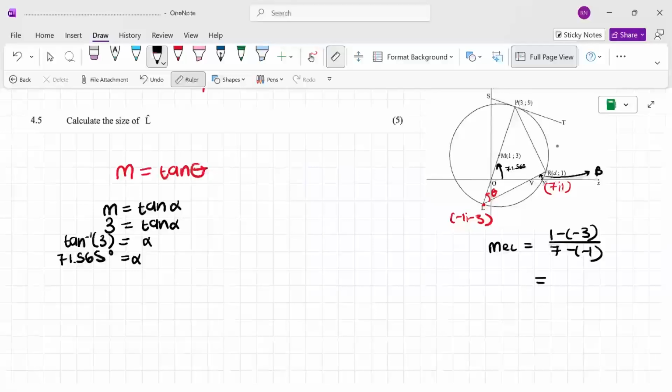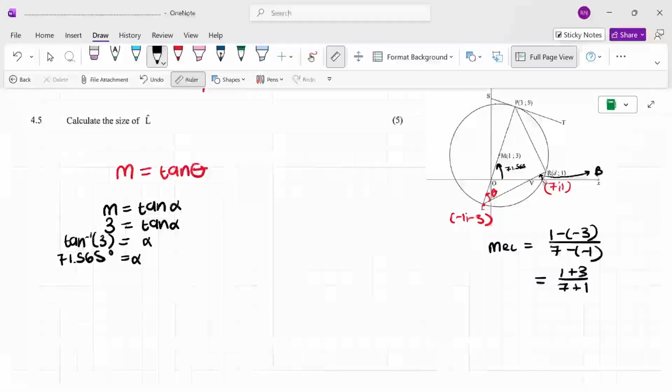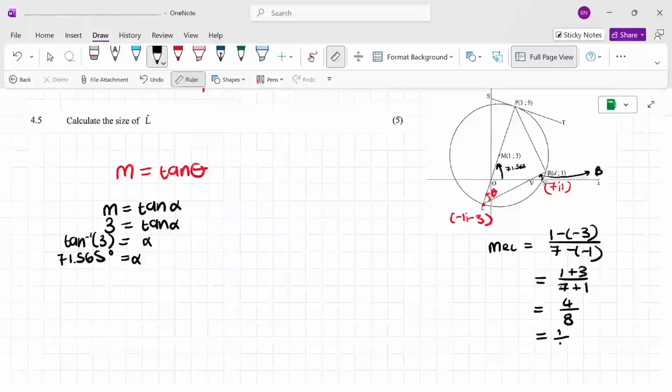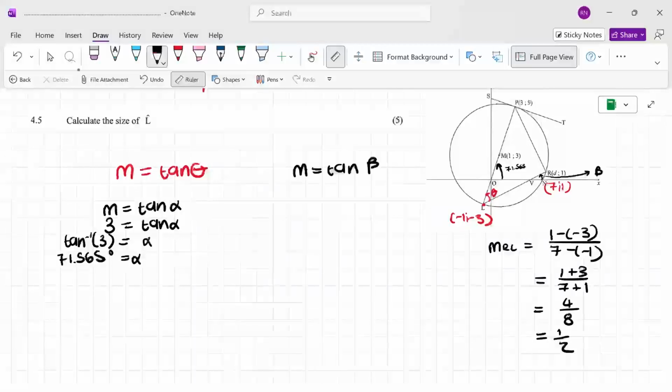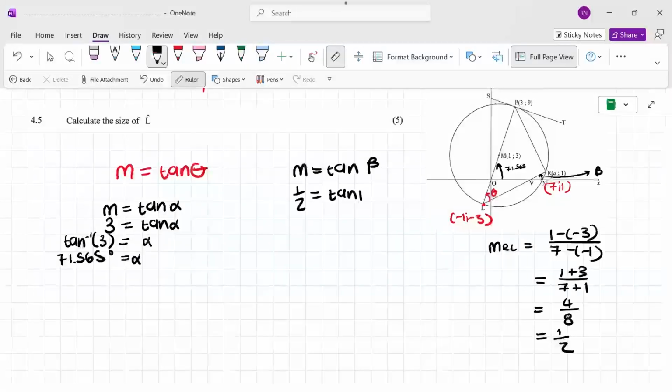That gives me 1 plus 3 over 7 plus 1, which is 4 over 8, equal to 1 over 2, right? And so I can now use gradient is equal to tan of beta, so we have a half is equal to tan of beta.